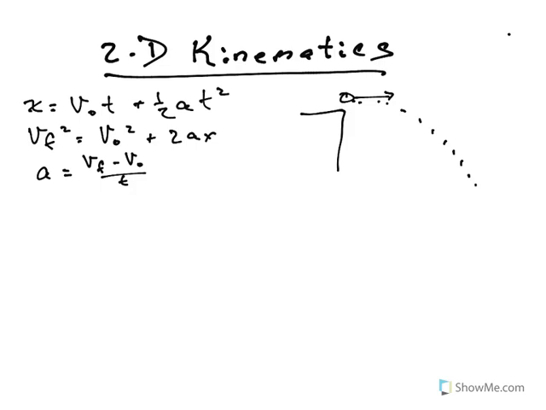And as we saw in the last video, the way we handle gravity is we call it an acceleration. And we know gravity only works in the y direction, vertically. So there's one acceleration acting on this rock, and it's in the y direction. However, this rock is moving both horizontally and vertically.